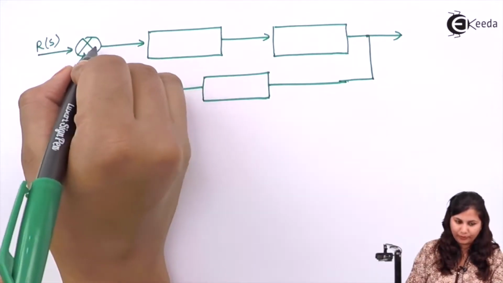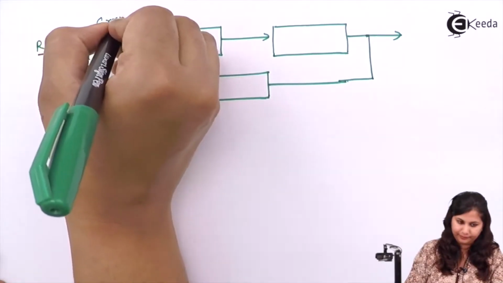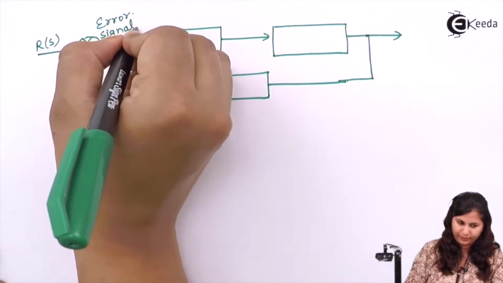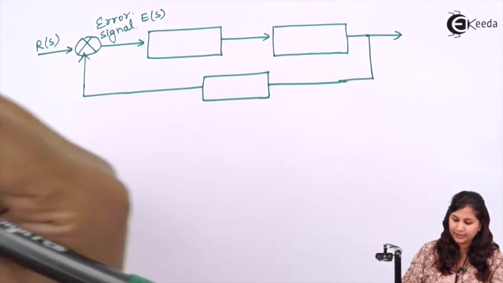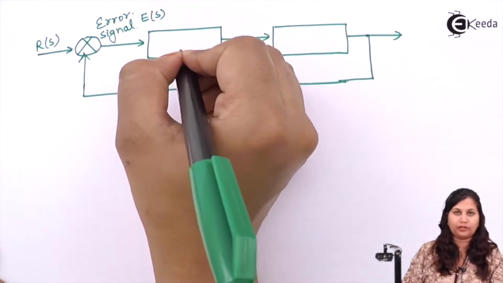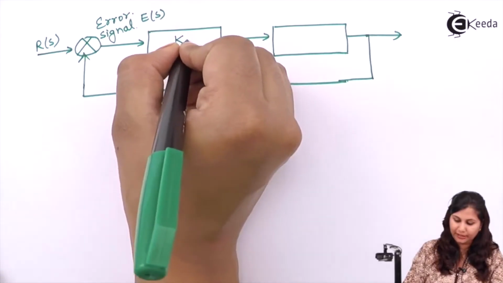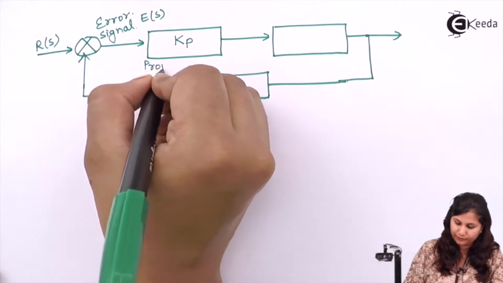This is the actuating error signal. Error signal is e(t), so its Laplace transform is E(s). And this is our controller. Here we have the proportional controller and its proportionality constant is Kp. So this is our proportional controller.